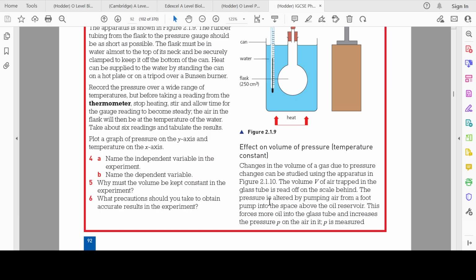The pressure is altered by pumping air from a foot pump into the space above the oil reservoir. This forces more oil into the glass tube and increases the pressure P on the air in it.